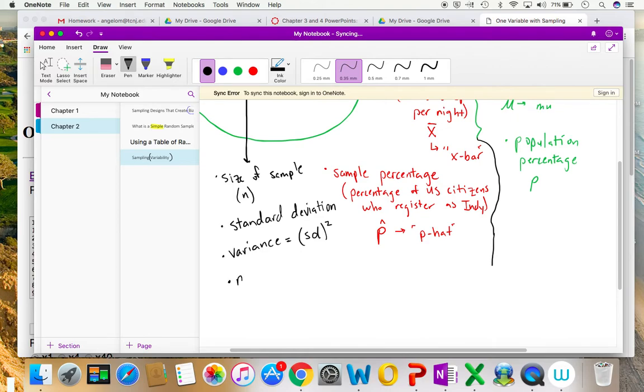The last thing we're going to talk about is something called a margin of error. Think of margin of error as a shorthand estimate of standard deviation.